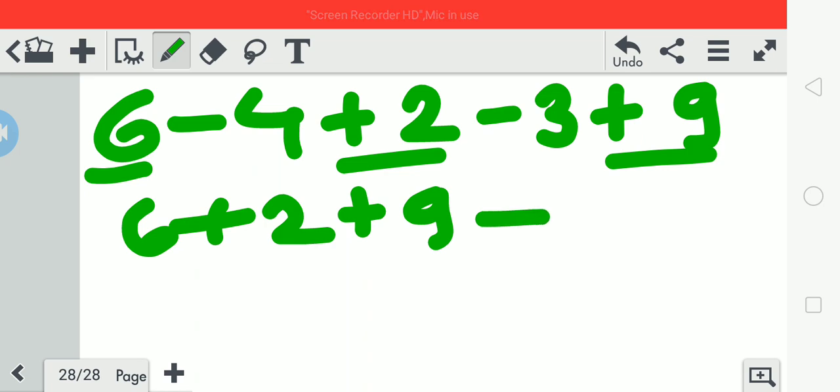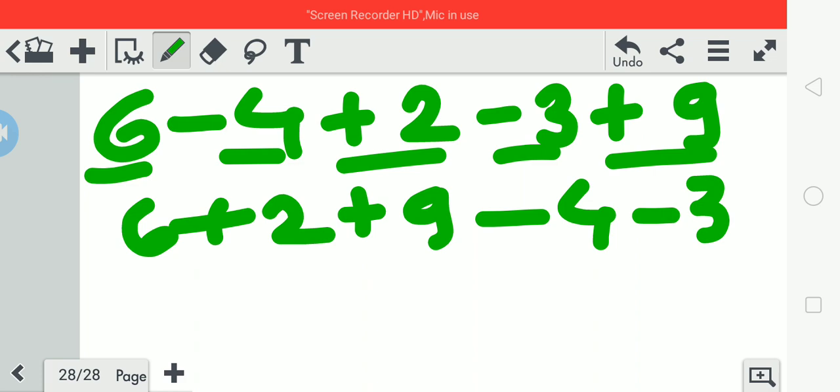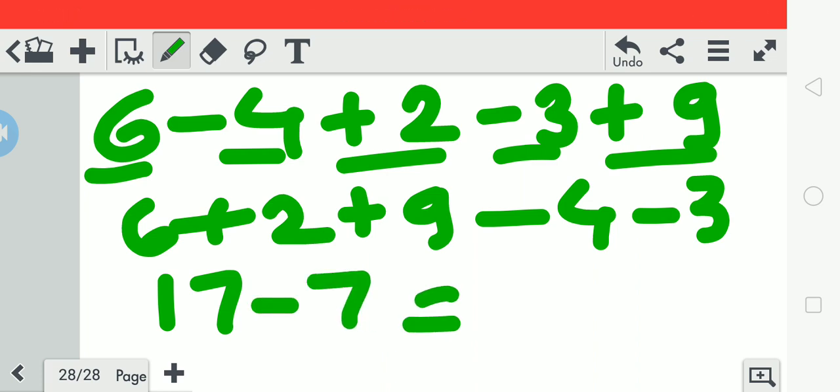Negative numbers are minus 4 minus 3. Now the next step is to do the addition of the positive numbers and the addition of the negative numbers. So 6 plus 2, 8, 8 and 9, 17, 4 and 3, 7. So 17 minus 7, that is 10. This is your answer.